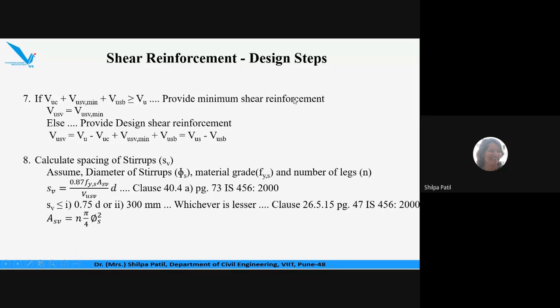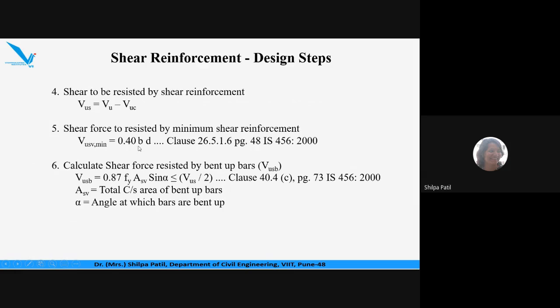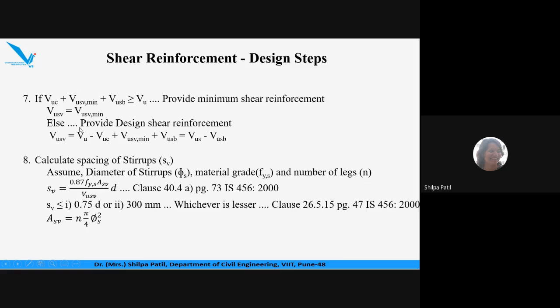We have to provide the minimum shear reinforcement only. And that minimum shear reinforcement is given by VUSV minimum as per this formula, 0.4 BD. Now, if this addition is coming less than VU, then we need to provide the design shear reinforcement.